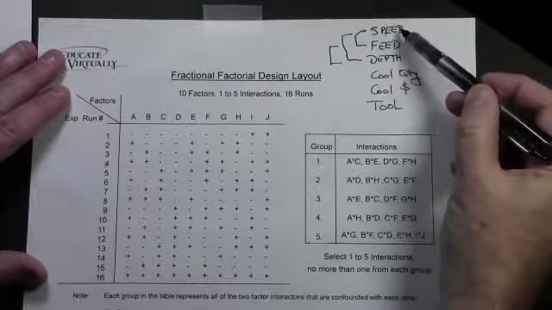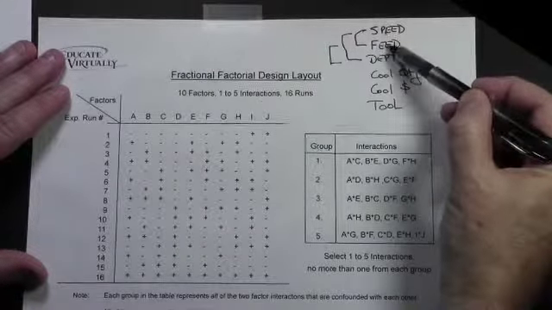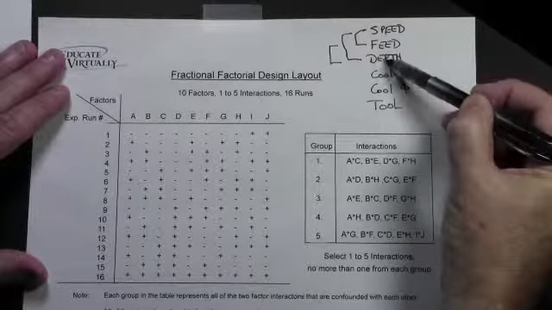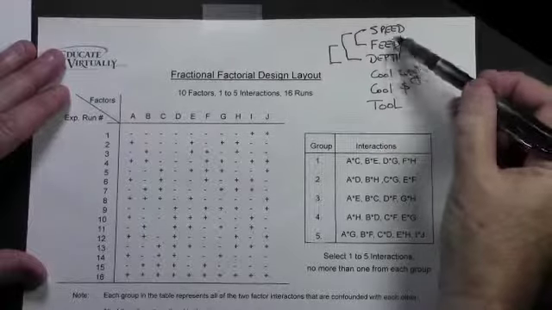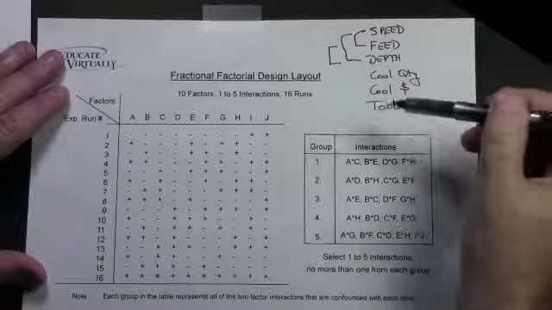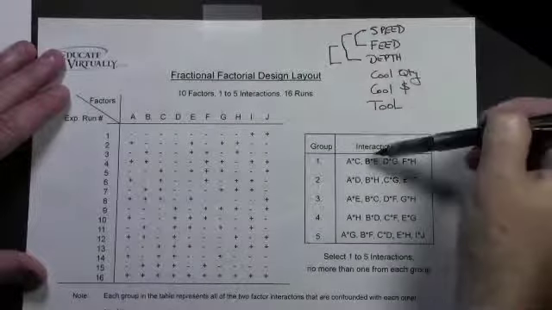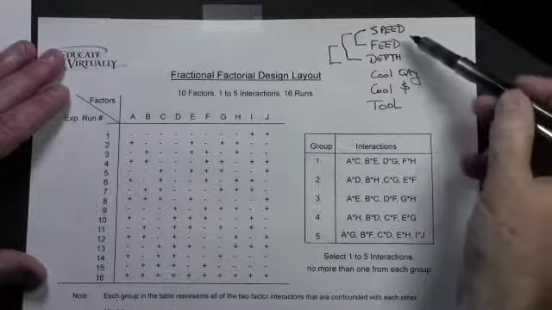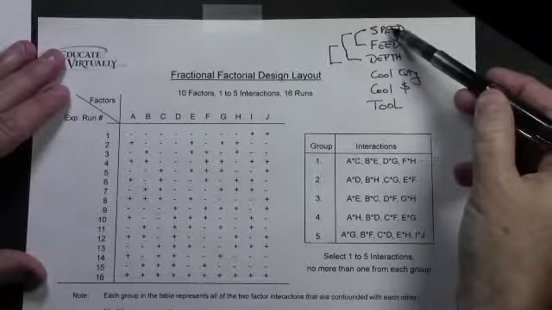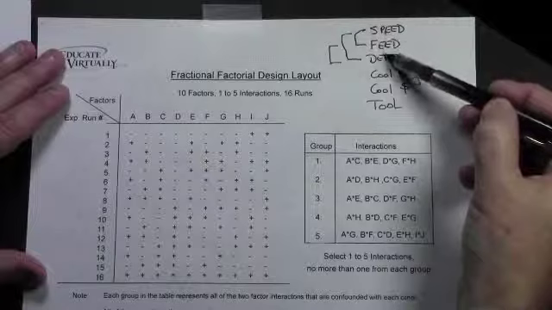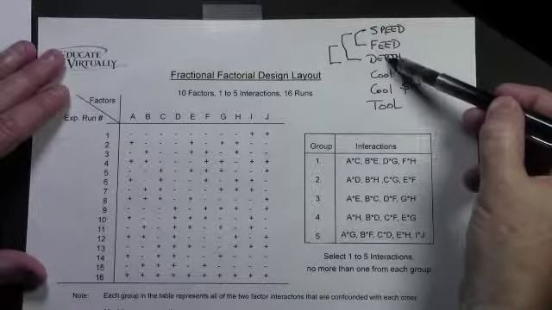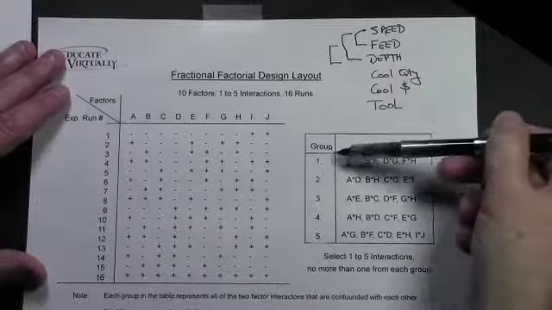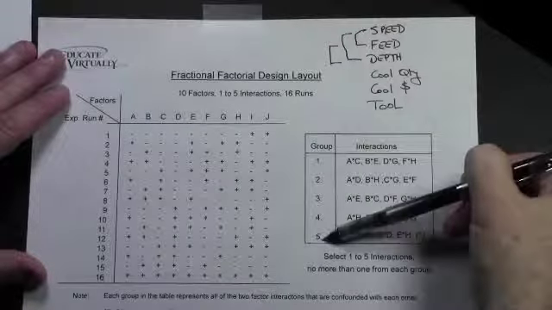And we want to study the combined effect of feed and speed, speed and depth of cut, and then feed and depth of cut. So for those combined effects, I need to find one of the interactions that's going to have the ability to be a common between 2 combined effects, and then still have one more for this last one here. So if I come over to my groups, I have these 5 groups.